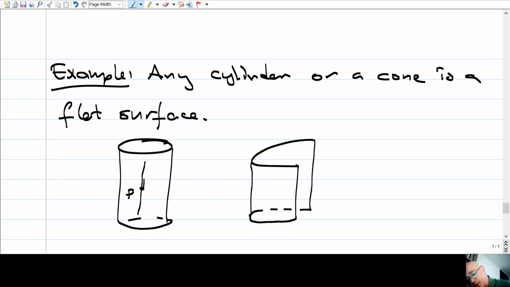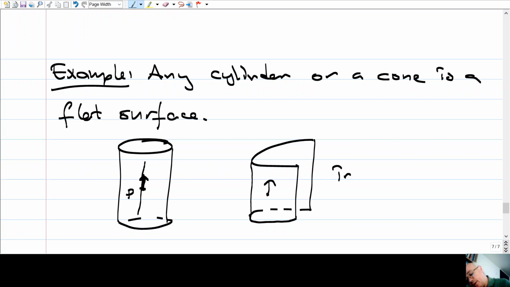Therefore, along this direction, the normal curvature is 0. And here also, it contains a line. So the other curvature will be non-zero, but one of them will be 0.